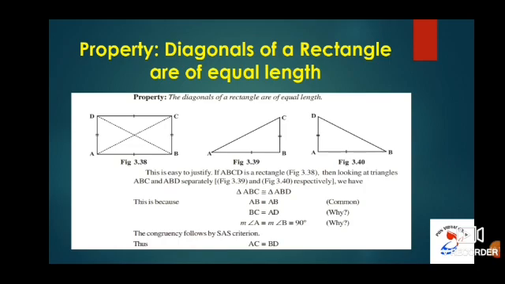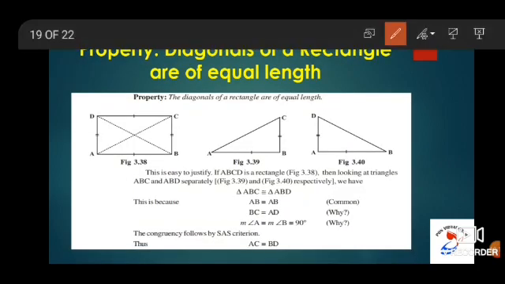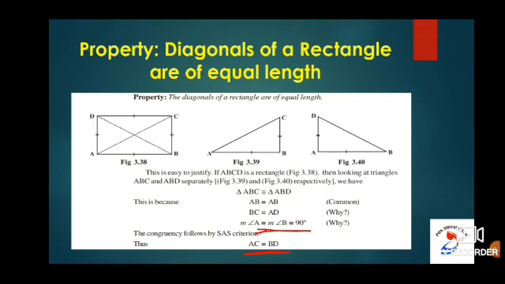In both the triangles, side AB is common. BC is equal to AD, and the measurements of angle A and angle B are equal because they are 90 degrees. So by SAS congruency, you can say AC is equal to BD. So the diagonals of a rectangle, AC and BD, are both of the same length.